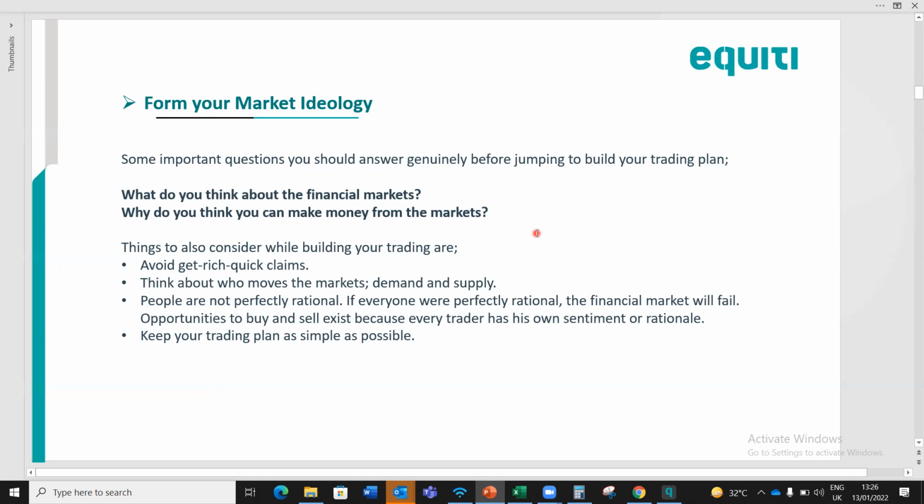Now, things to also consider while building your trading plan are: one, avoid get rich quick claims. Let me tell you, the financial market is not a get rich quick scheme. It is not where you put in $100, and especially in Nigeria, what is very common, you put in $100 and they promise you $1,000 in 48 hours. No, of course, the financial market is not a Ponzi scheme.